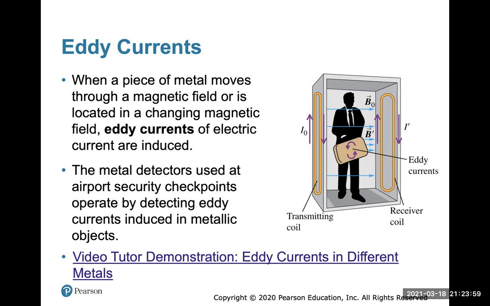We're moving a conductor through a magnetic field. If there is some metal in this person's briefcase, we could that way induce a current to flow in that metal. That current has its own magnetic field associated with it, and that means that the field as observed by the receiving coil has changed. It experiences a change in flux. And so it sees a current, and if we see a current in the receiving coil, then we know that there is metal present.